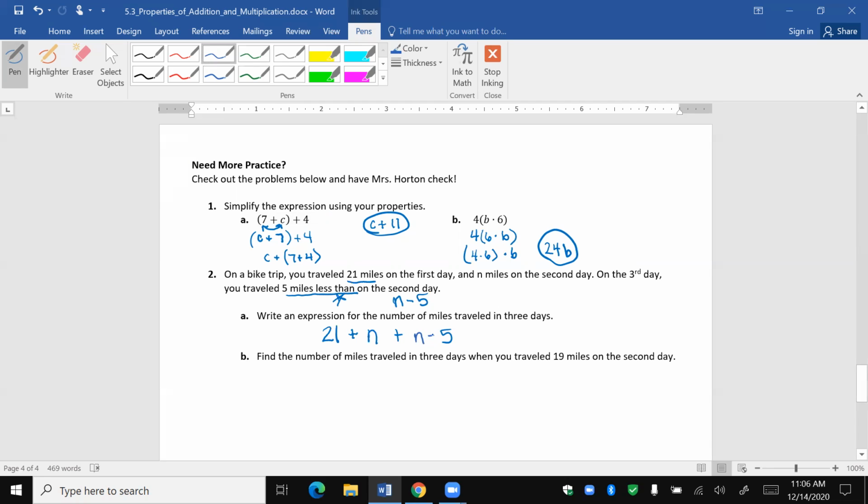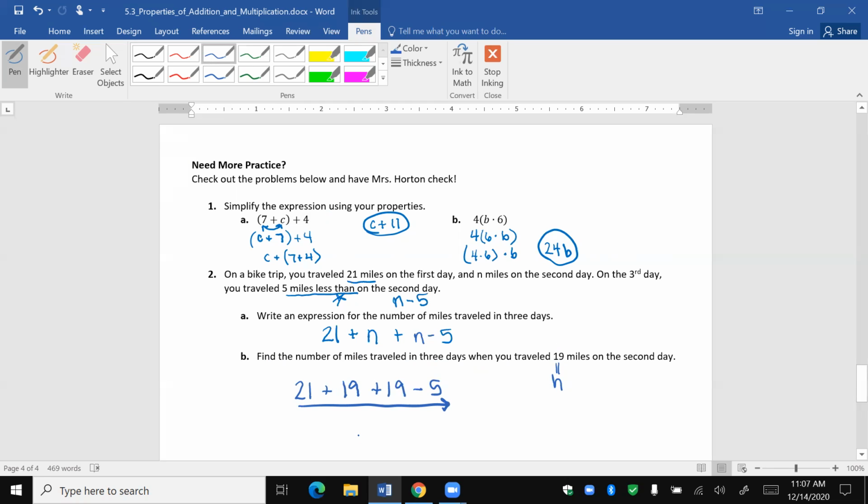You could do some combining of things in there if you felt comfortable combining, or we can just plug it in. It says find the number of miles traveled in 3 days when you traveled 19 on the second day. So 19 is going to be for N. So here I've got 21 plus 19 plus 19 minus 5. And on here, we want to work just left to right.